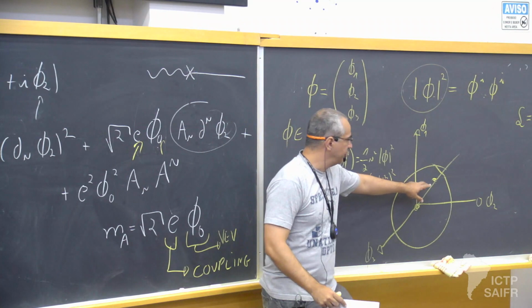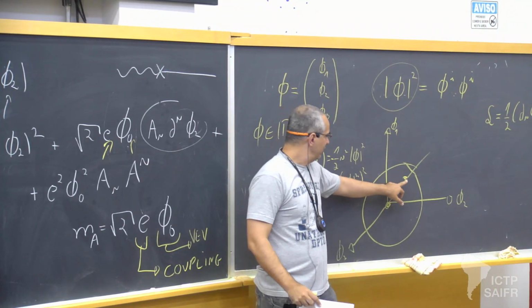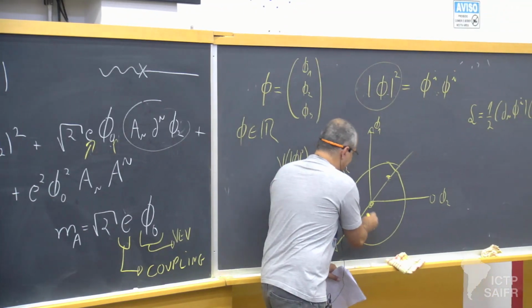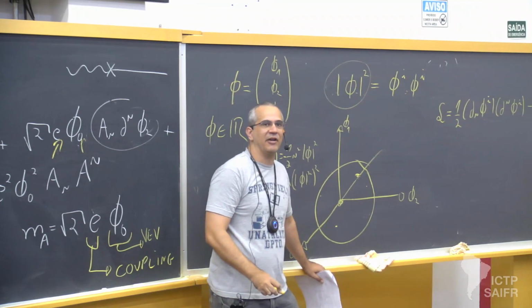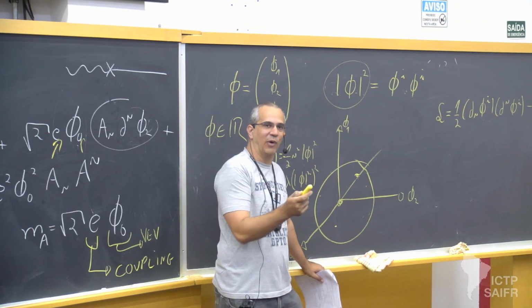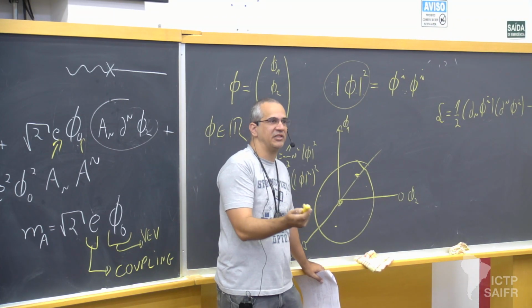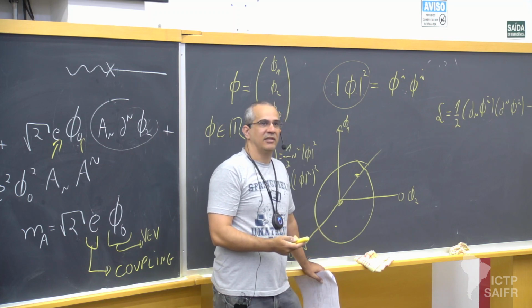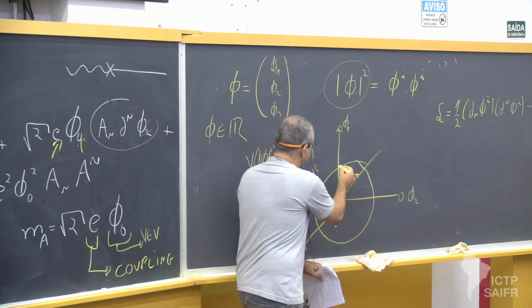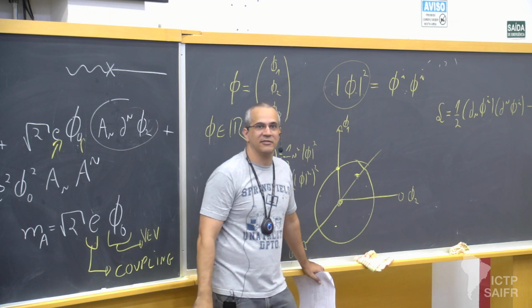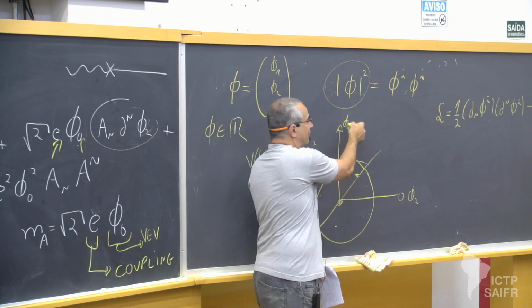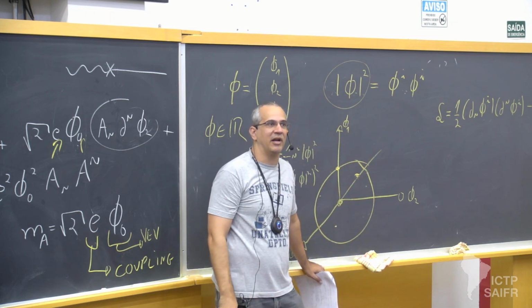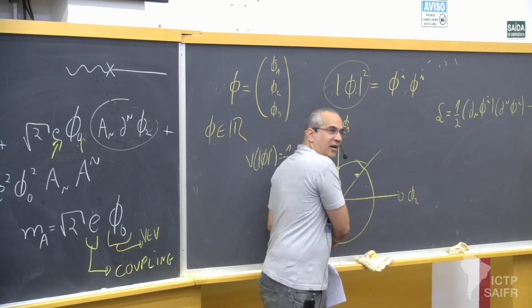But this is useful to understand how this choice is invariant, right? Wherever I choose this vacuum, I always break 2 rotations and keep 1 intact. It's always easier to choose like this, right? Because in this case, it's clear that rotations around phi 1 are unbroken and the two others are broken.